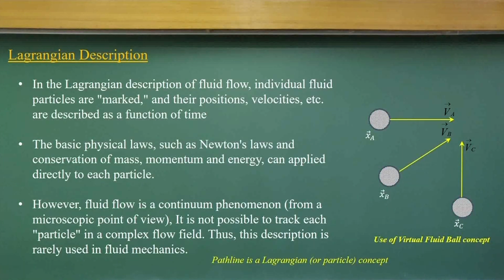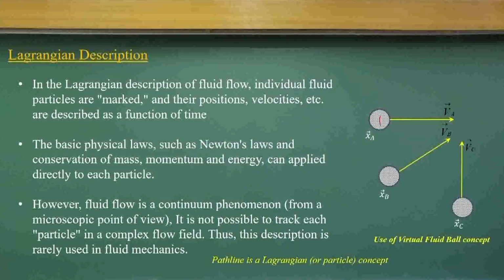Now, as told in many books, when you describe the Lagrangian framework, the individual fluid particles are marked, with their positions, their velocities and so on. The same thing I discussed at the very beginning: when you have n balls, they should have different velocities and directions.